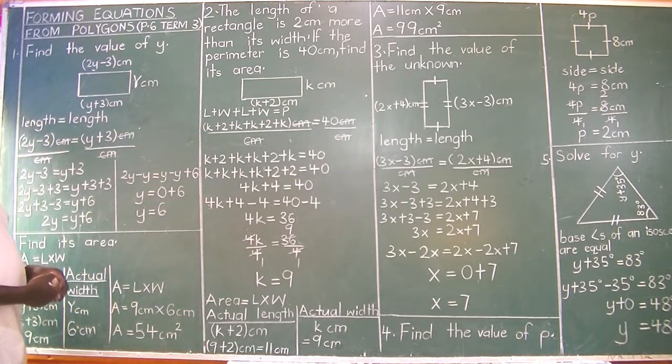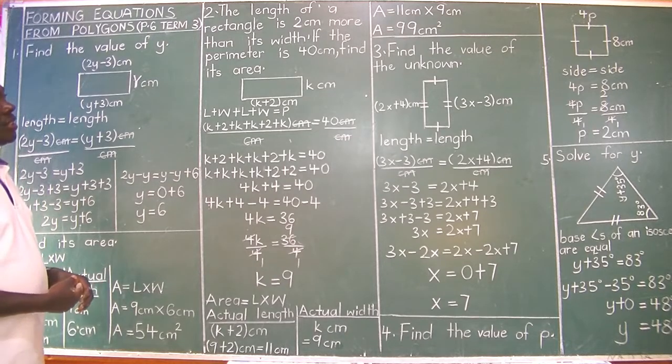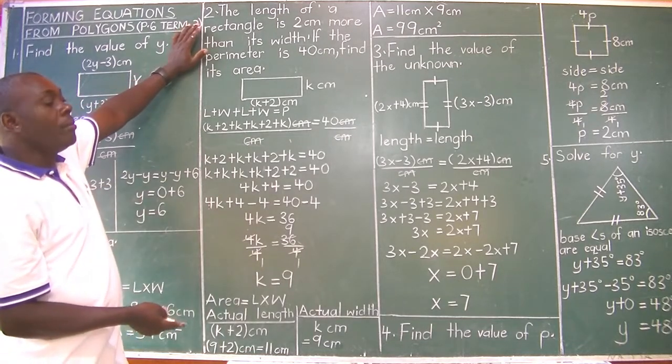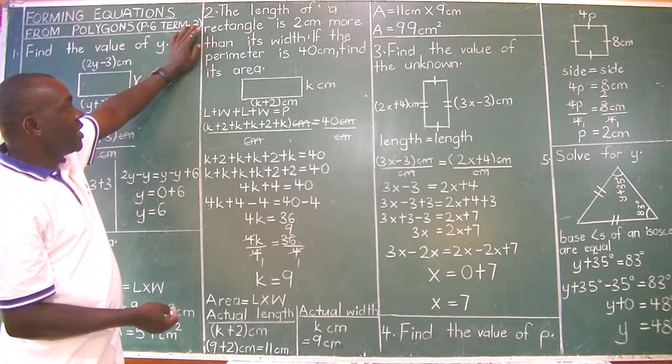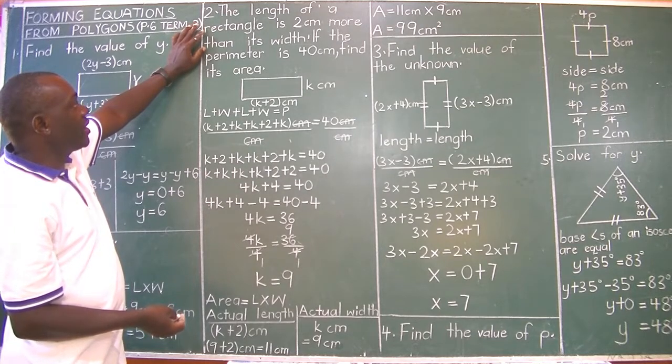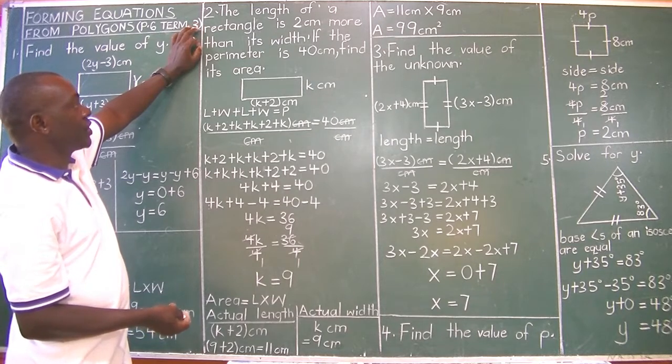Given the perimeter, to find the area we need the actual length and width. Here you are going to form algebra because neither length nor width is given. We are just having the difference between their measures, because they are saying the length of a rectangle is 2 centimeters more than its width.